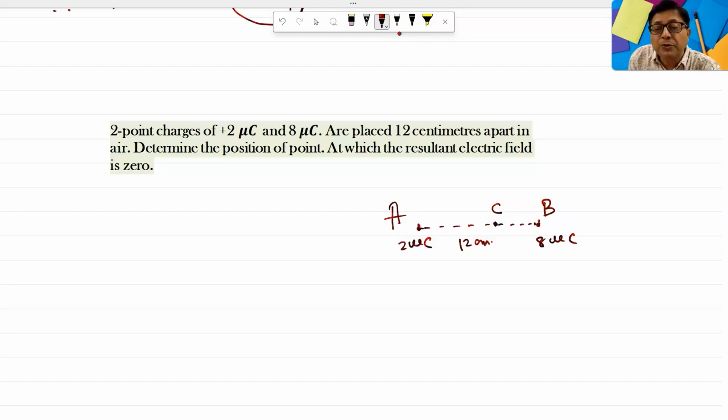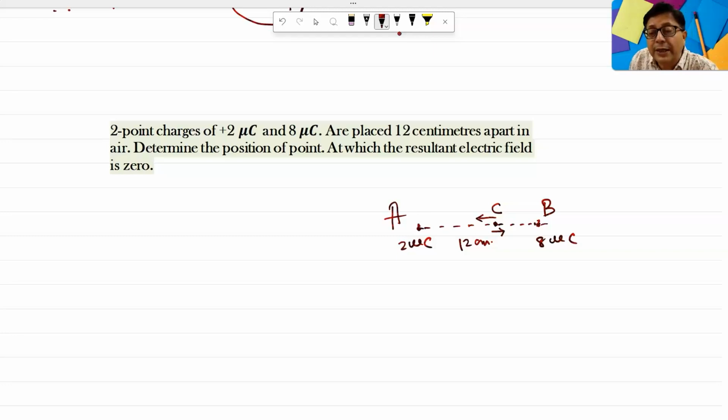Then this 2 mu c charge will repel the unit charge placed here towards right, and this 8 mu c will also repel the unit charge towards left. Their resultant can be equal to 0 on the line segment joining 2 mu c and 8 mu c.